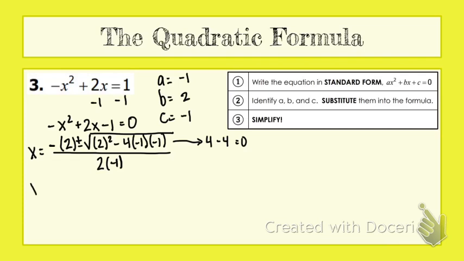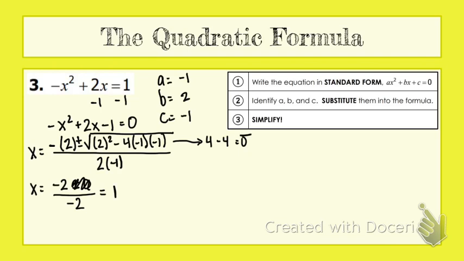So we have x equals negative 2 plus or minus, and the square root of 0 is just 0, over 2 times negative 1, which is negative 2. And if we add or subtract 0 from negative 2, that's just going to still give us negative 2. So this is really just negative 2 over negative 2, which is positive 1.